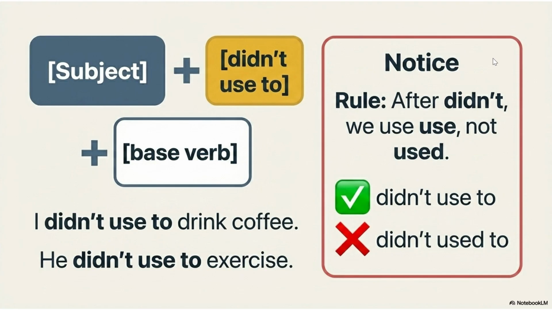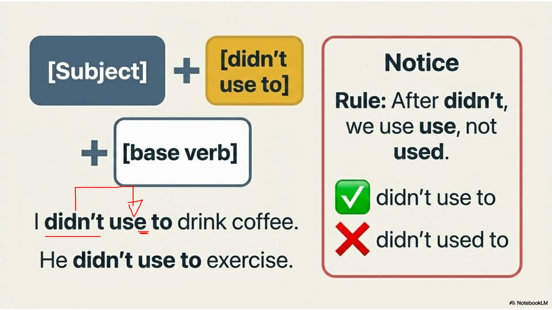Okay. But when we are using used to in a negative structure, something happens. What happens? Really easy. Because we're using didn't, which is an auxiliary, the rule is that when I use didn't, the verb must be in its base form. The same thing happens with use.